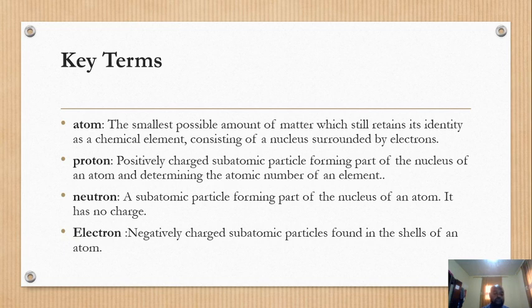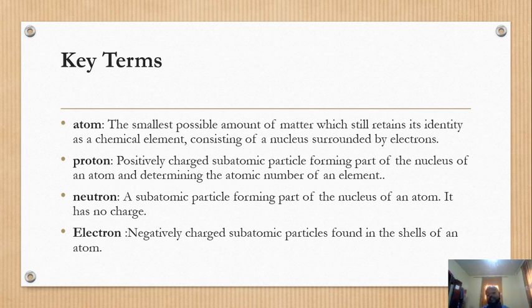Key terms. Let's define our terms first. So what's an atom? The smallest possible amount of matter which still retains its identity as a chemical element, consists of a nucleus surrounded by electrons, by shells within which we have electrons, right?